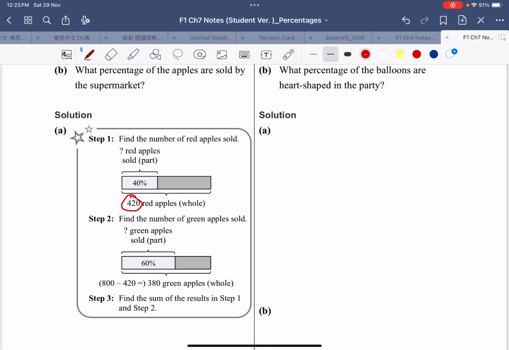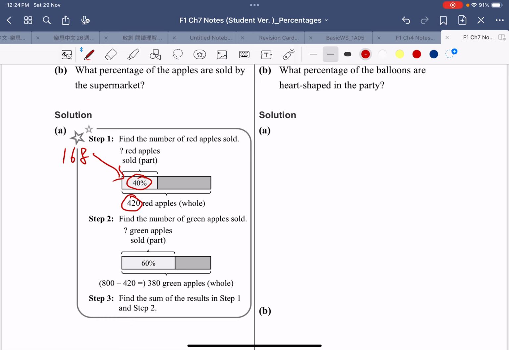We have 420 red apples, and the amount sold will be 40% of it. So I go a little bit faster, right? You just use this number times 40%, just like what we have done before. So you get 168 red apples sold. And then step 2, we need to calculate the green apples sold.